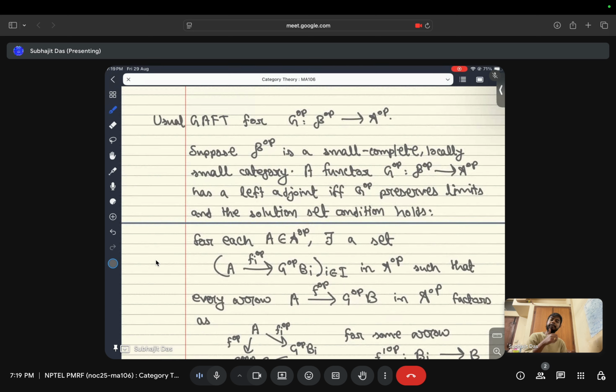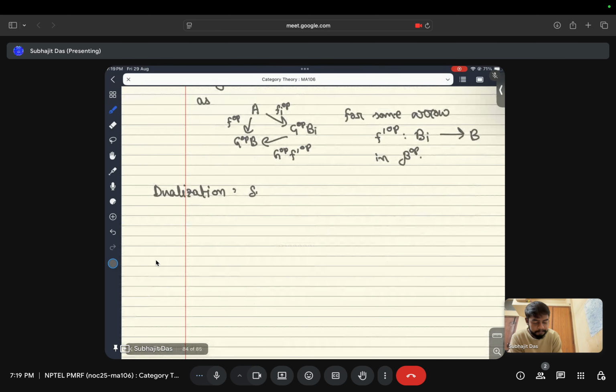Then B should be small co-complete. So suppose B is small co-complete.